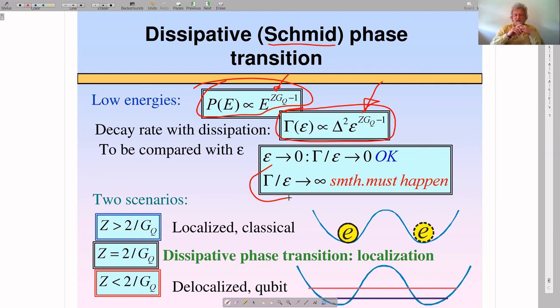In fact, it appears that in this case, tunneling between the wells is quenched, and the electron is localized on one of the wells. While in the opposite case, it's more like quantum mechanics suggests to us, it is delocalized between two wells.